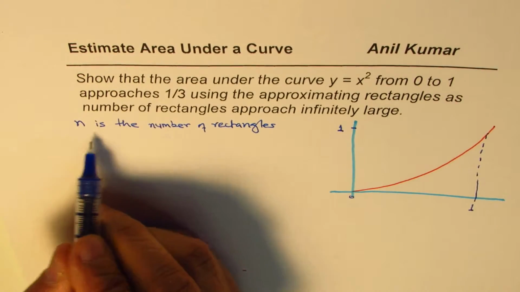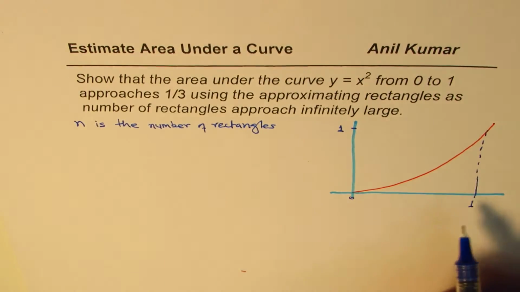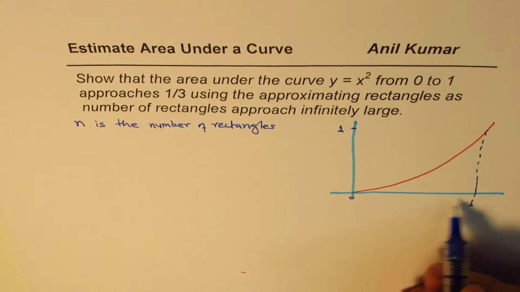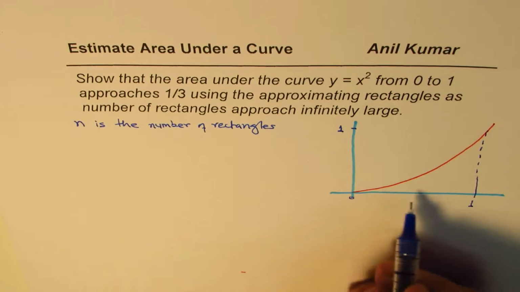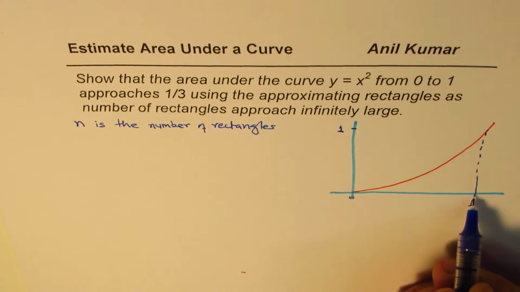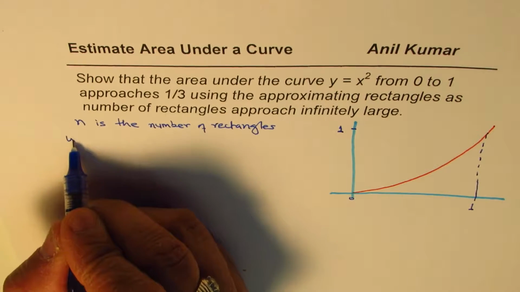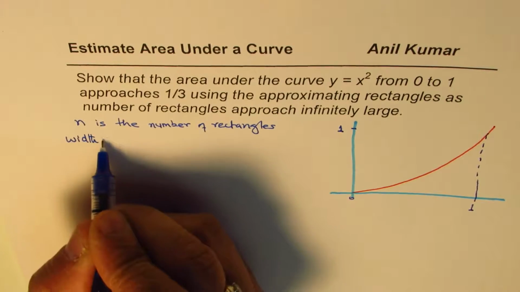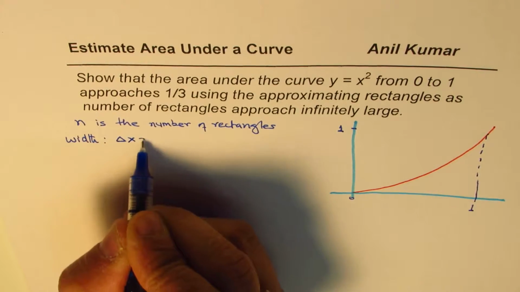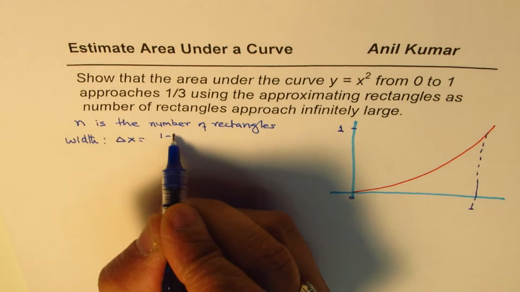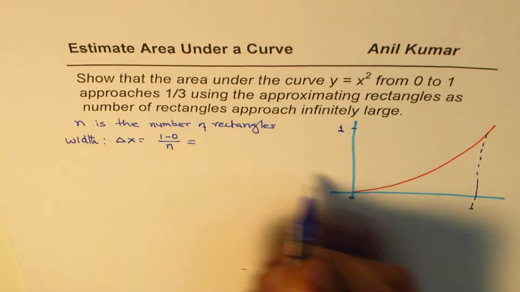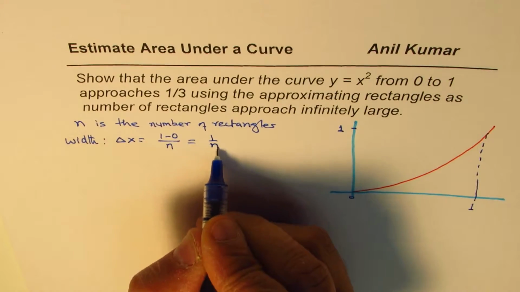When I'm saying n is the number of rectangles, I mean that this space is divided into n rectangles. So if I divide 0 to 1 into n rectangles, the width of each rectangle, which we call delta x, will be 1 minus 0 divided by n. So the width will be 1 over n.